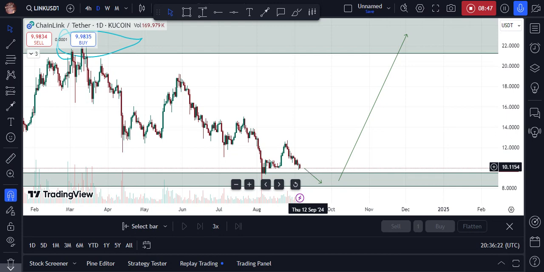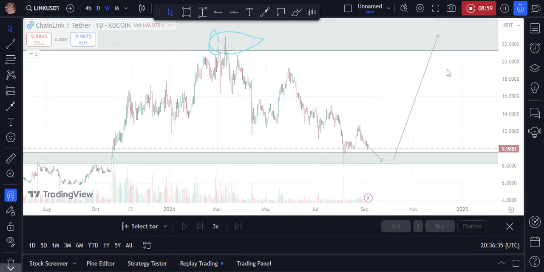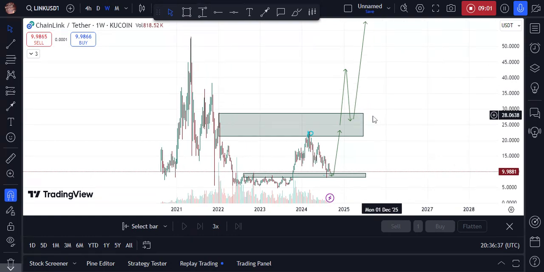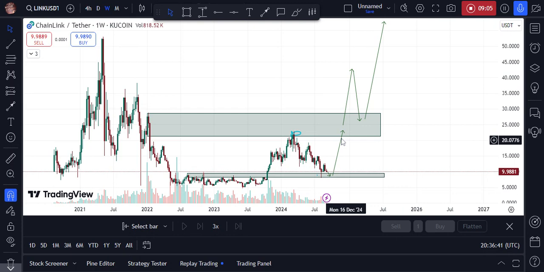Now when you enter at the current price, price is going to move from say $10 to this very zone, which is your $21 zone. Okay, now when price enters this zone, there will be a breakout. You're now going to see that long green candle that will break out through the zone. Do you get?